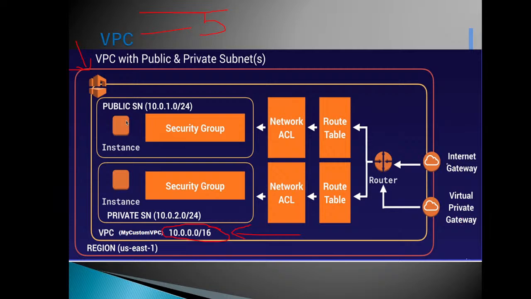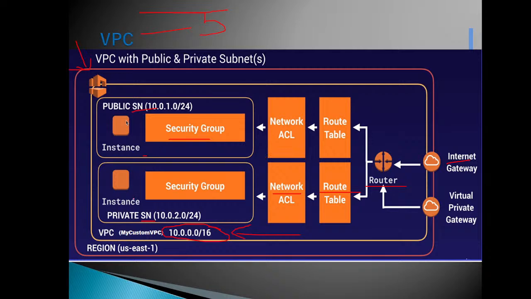Now internet gateway, routers, route table, and network ACL are a few components which are new to you. We'll explain them as we move further in the VPC section. But you can see the subnet, and you can see the instance and security group. Security group is a security template which can be used to securely allow access to our EC2 machine.